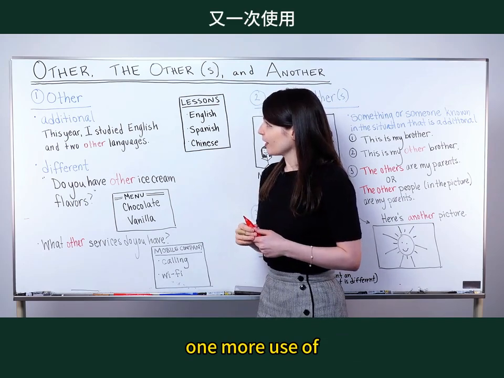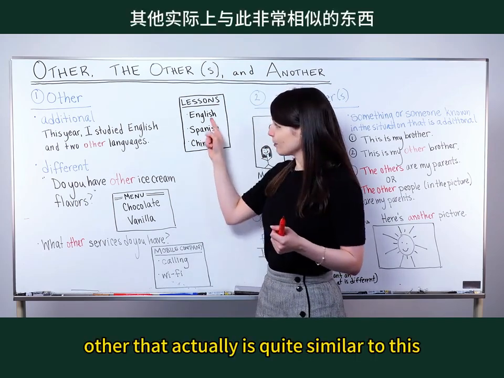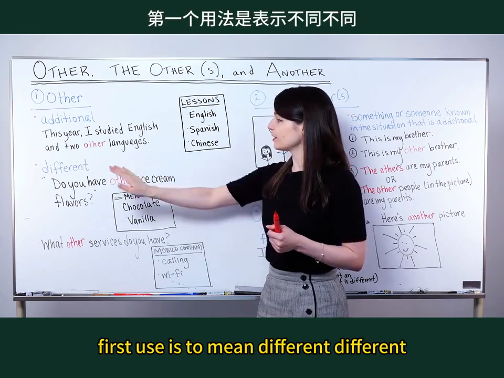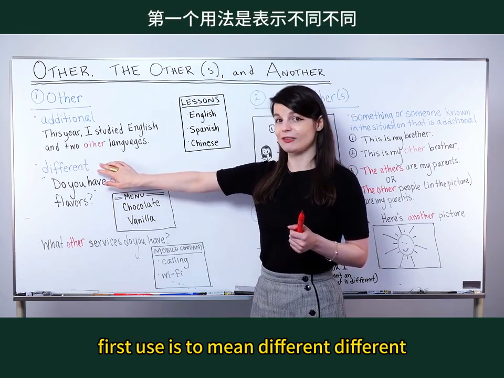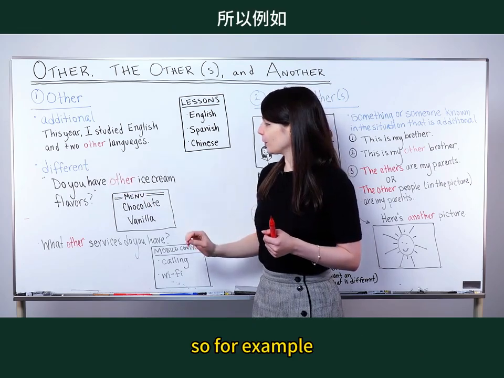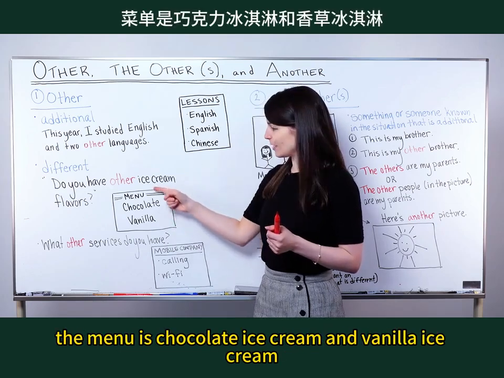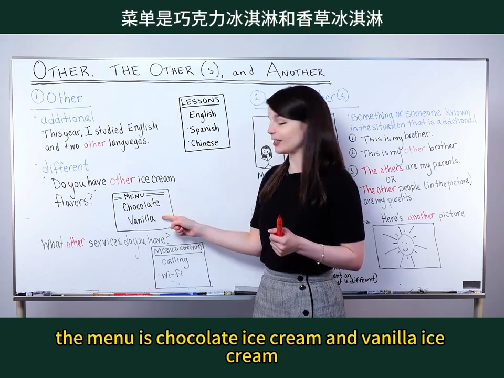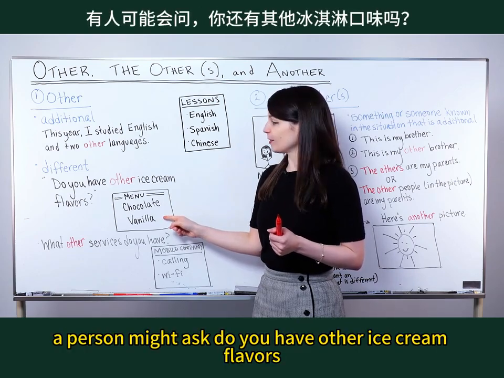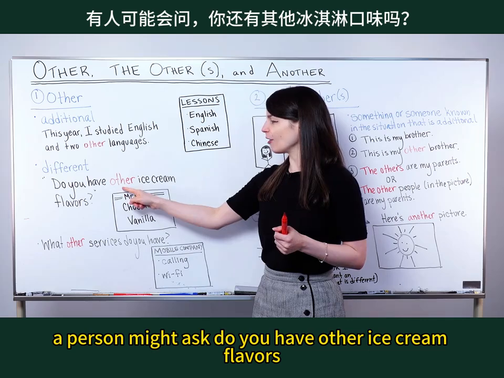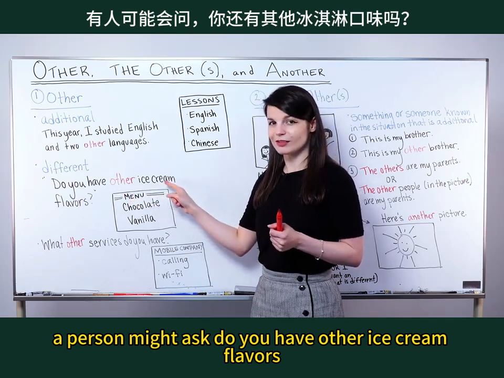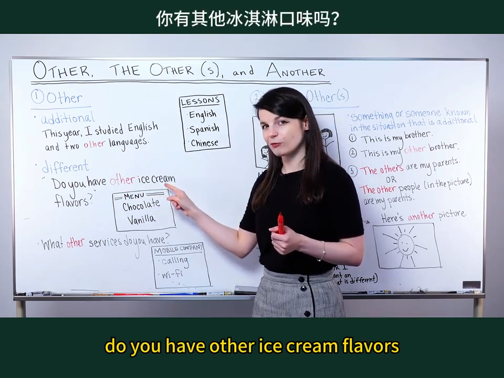One more use of other, which is quite similar to the first use, is to mean different. For example, if we go to an ice cream shop and the menu is chocolate ice cream and vanilla ice cream, a person might ask, do you have other ice cream flavors?